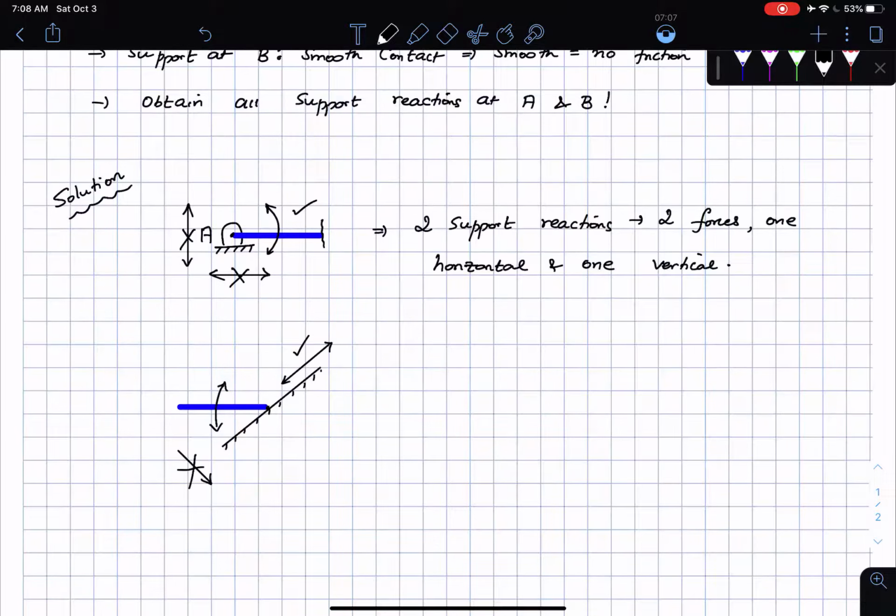And when I say rotation, I don't mean a 360-degree rotation. I say that, is there any resistance to any small rotation that I might give to the beam? There is nothing, which means that I'm allowed to rotate. So the only reaction force in the form of a smooth support is a reaction that is perpendicular to the support. Okay, so the smooth support, so there is only one support reaction.